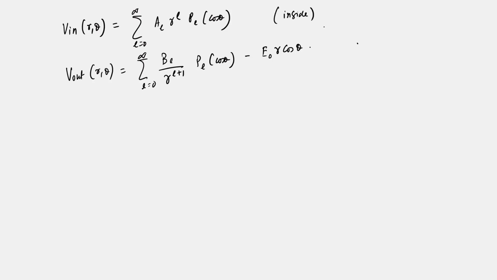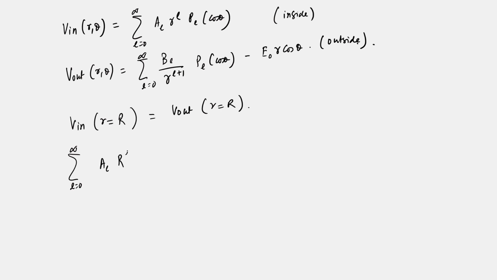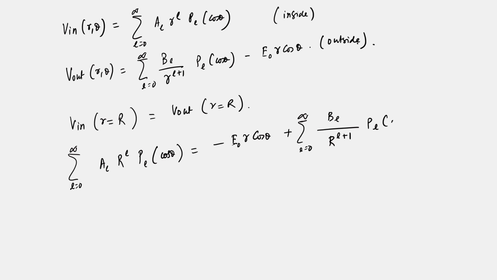So, this is for inside and this is for outside, and what we are going to do is match the solutions at small r equal to capital R. So, V in at r equal to R, dropping the theta dependence because theta is going to cancel out from both sides, is equal to V out at r equal to R. So, that tells us the sum over L from 0 to infinity of A L R^L P L cos theta is equal to minus E 0 R cos theta, and there is also the sum over L equal to 0 to infinity of B L divided by R^(L+1) P L cos theta.